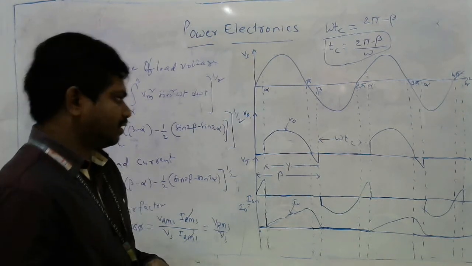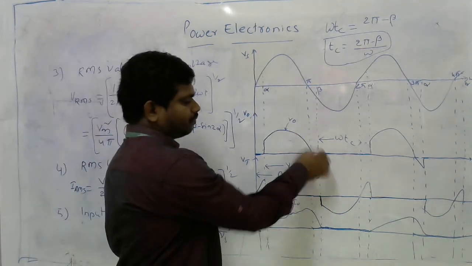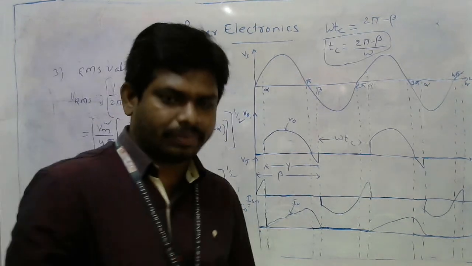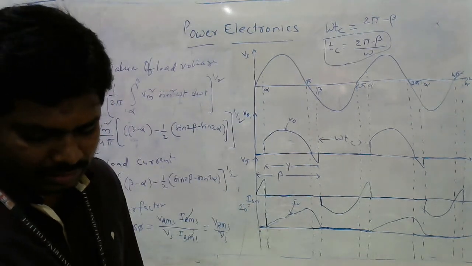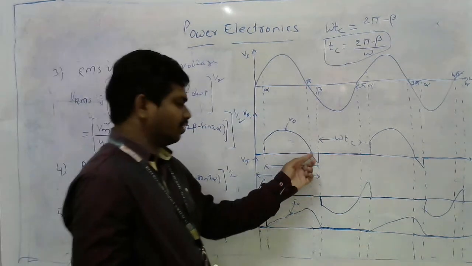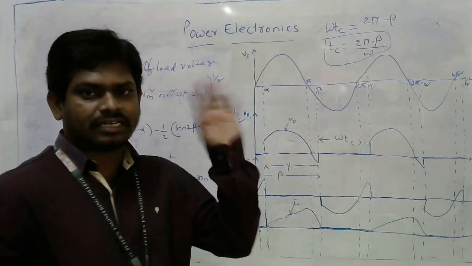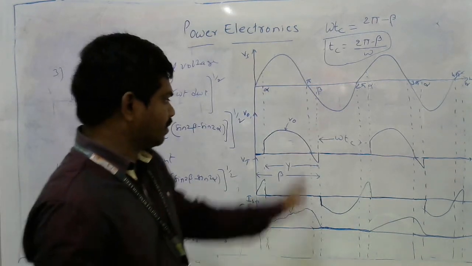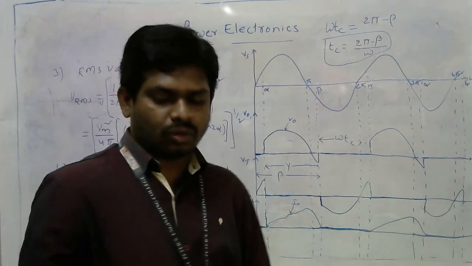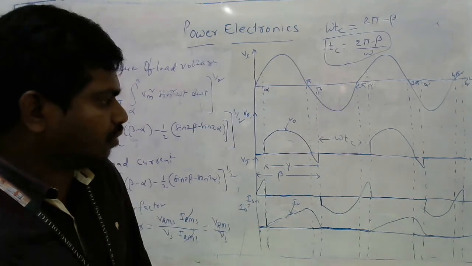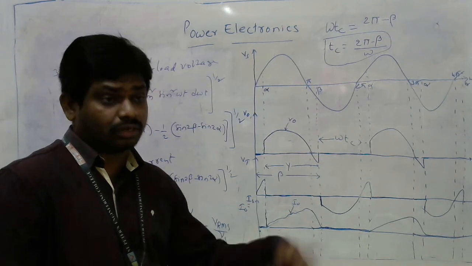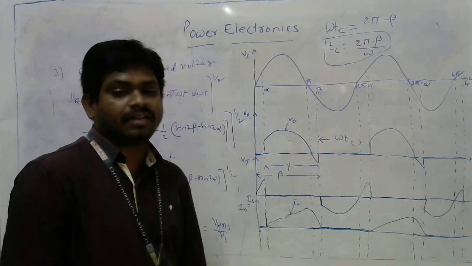The only option is to avoid this negative portion, where the inductor releases its stored energy during the negative half cycle of the input supply. When we avoid this value at the output side, the average load voltage improves. We will get only positive values, so the power delivered to the load increases. Hence, the rectifier efficiency will be improved.